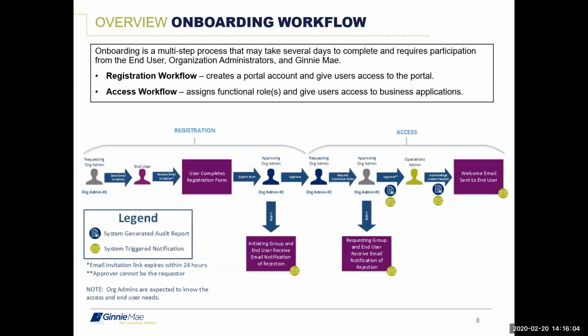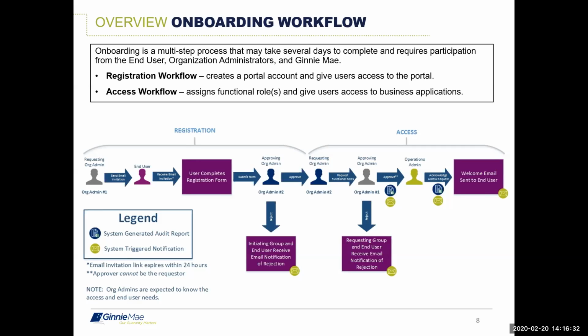So here's the onboarding workflow. This is how access is provided and how you establish an account in MyGinnieMae. So you can see we have what's called a registration workflow. This is a request and approval workflow that creates an account for each user in MyGinnieMae. Once that account is created, we have another access workflow with a request and approval process to give you a functional role.